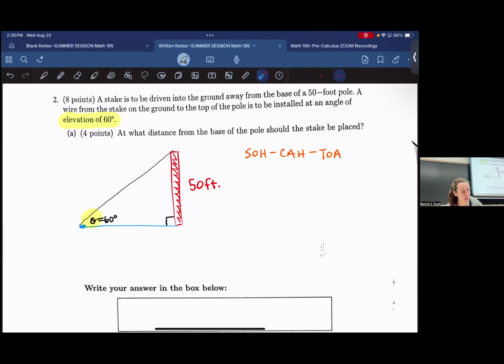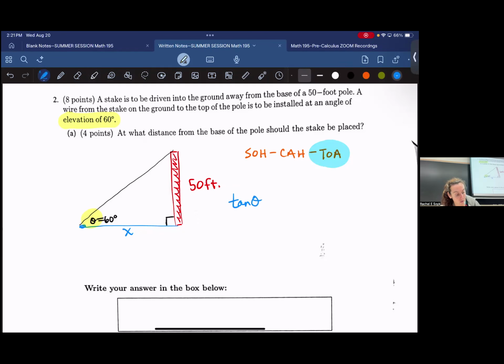And so if we want to find out the distance from the base of the pole from the stake, we want to figure out what our adjacent side is. And we're only given our opposite side, which means we are going to be honing in on our TOA, which involves our opposite and our adjacent.